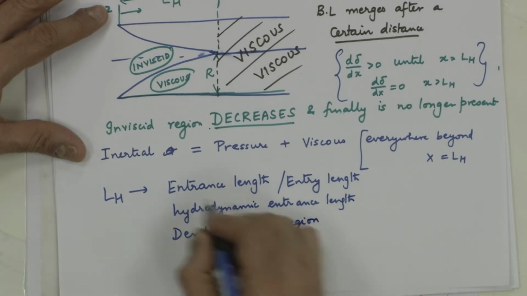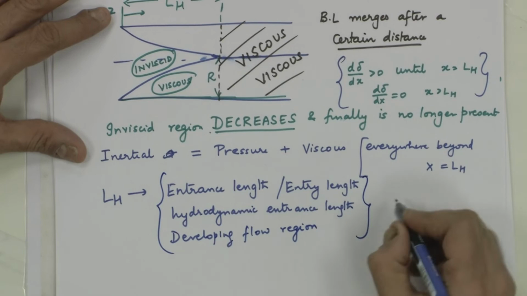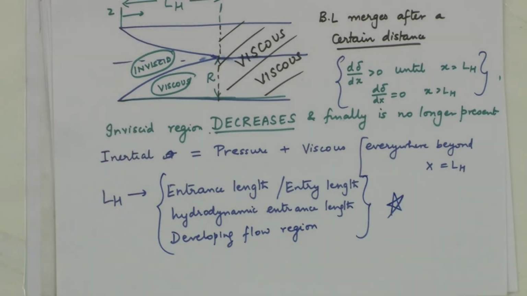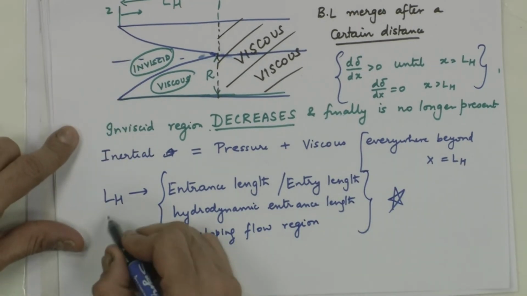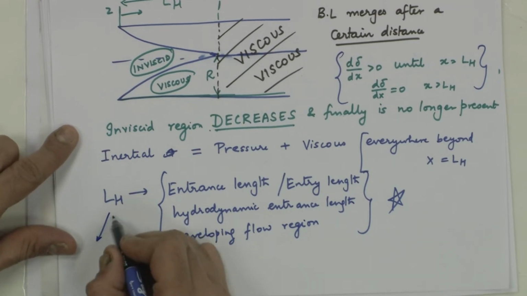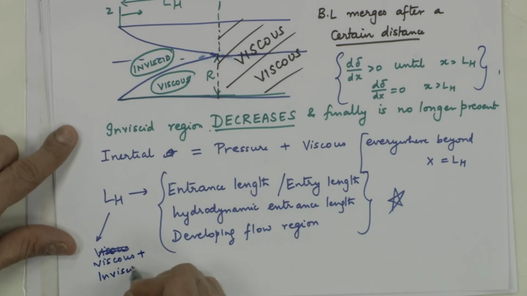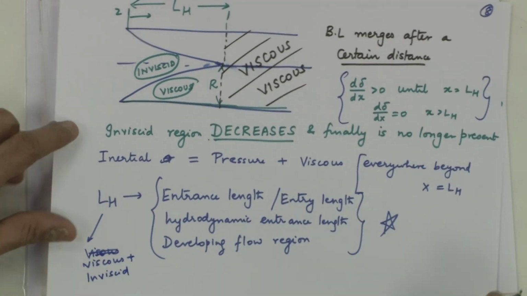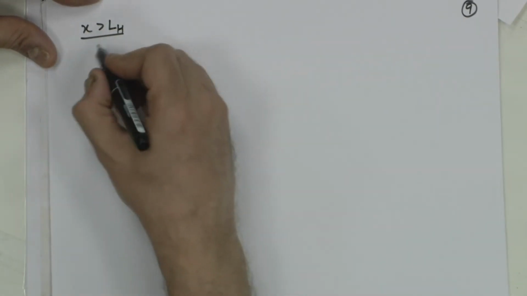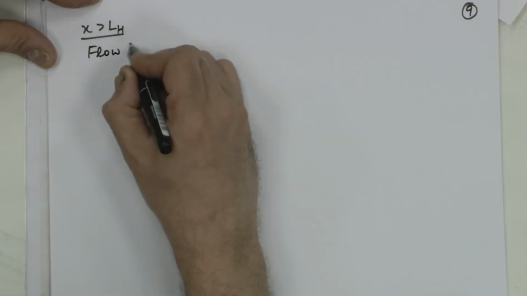All these are meaning the same thing, do not get confused, these are all meaning the same. What is special in this part? You have both viscous plus inviscid part. Beyond this point, beyond this region, x greater than L_H, the flow is completely viscous.